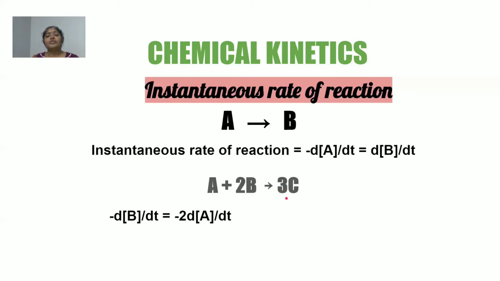So in terms of C, I can say the rate of production of C is 3 times the rate at which A is getting consumed. This negative sign, I'm again repeating, only denotes that A is getting consumed, whereas the positive sign here indicates that C is getting formed or it is getting produced.